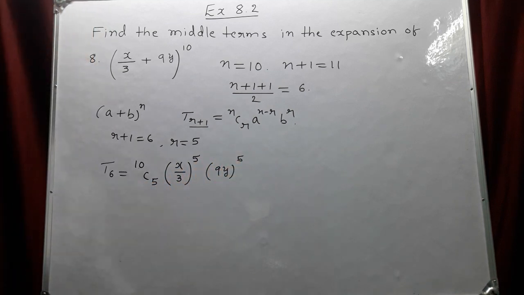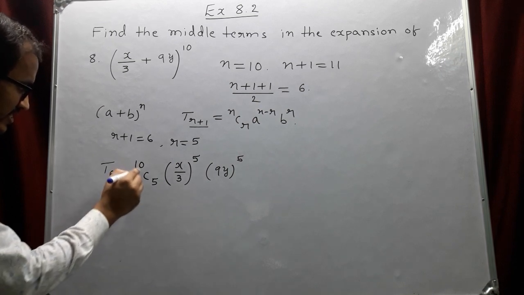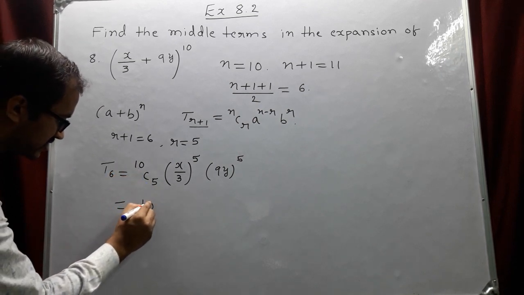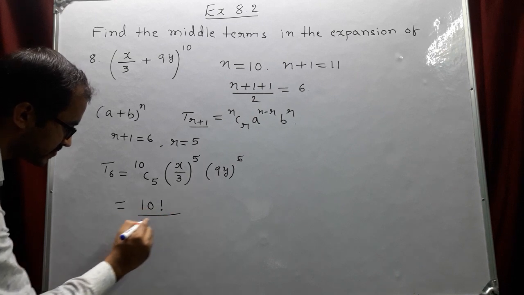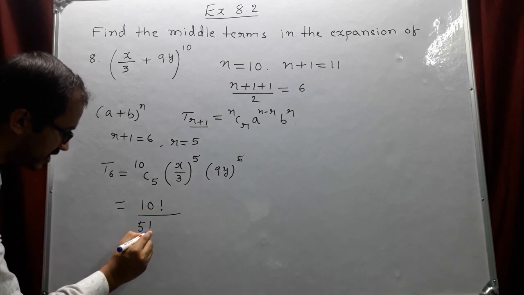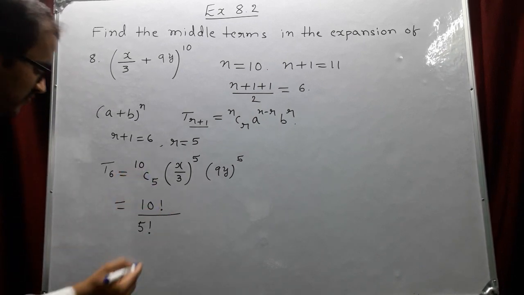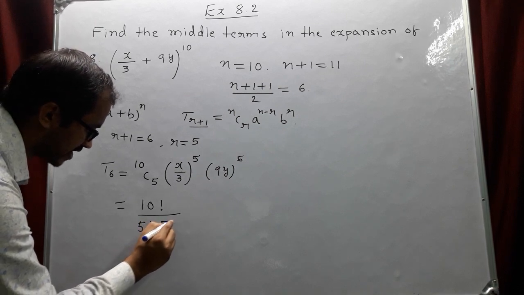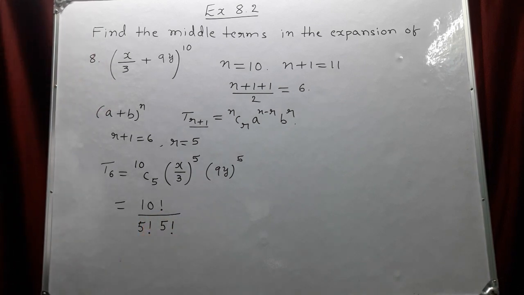Now simplify this one. So 10C5 is 10 factorial by 5 factorial into (10 minus 5) factorial. So 10 minus 5 is 5 factorial.